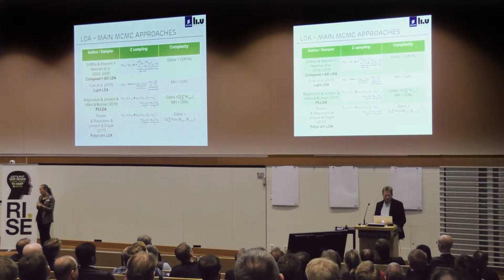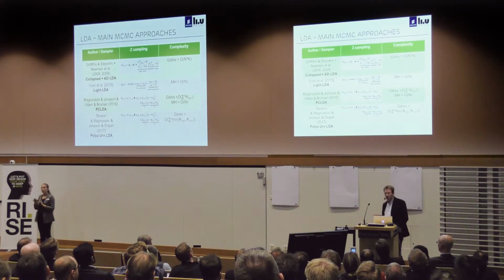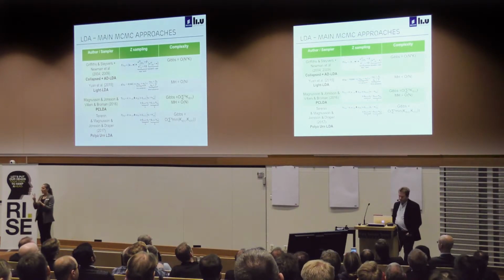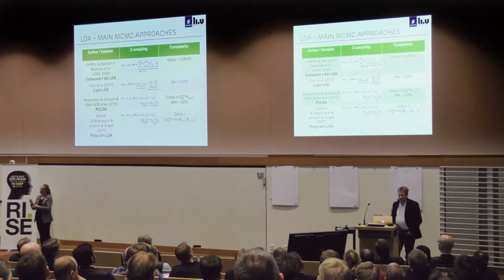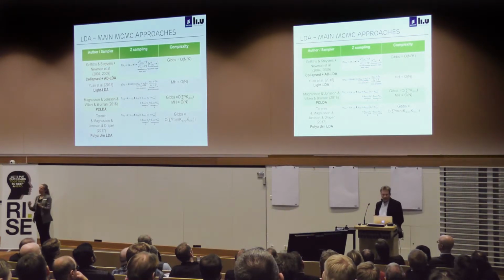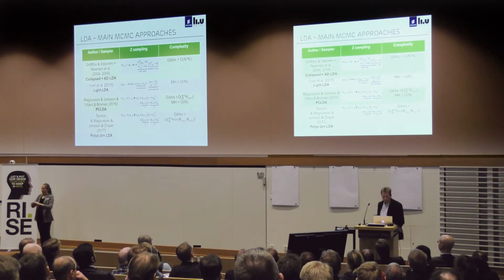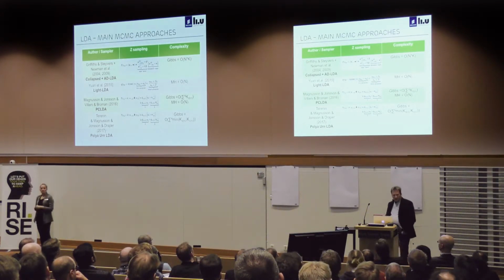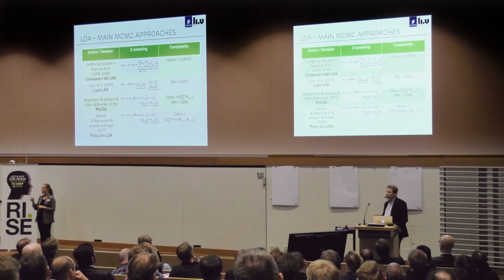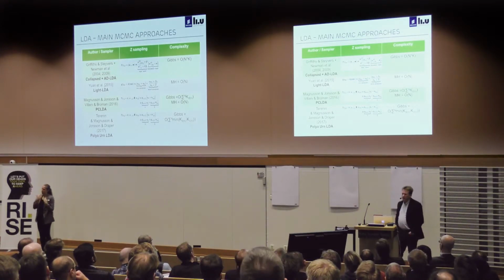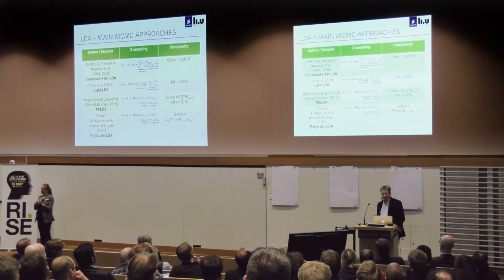Okay. So there are a couple of main approaches for this. The original core one was the method by Griffiths and Steyvers, and it's called the collapsed Gibbs sampler. The most dominant method nowadays is probably the AliasLDA method, which builds on this collapsed sampler. There is a sampler from Yuan et al., which is called LightLDA, which improves on the computational complexity of the original Gibbs sampler.